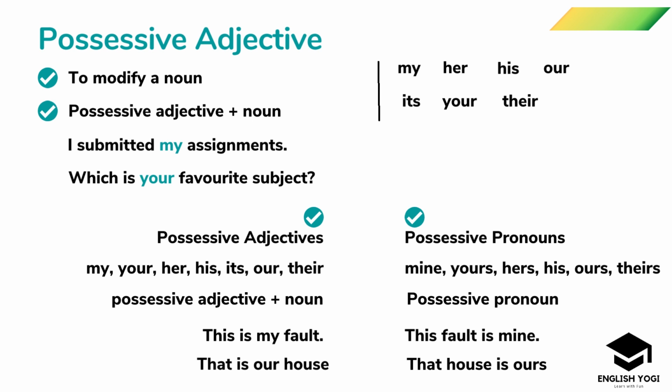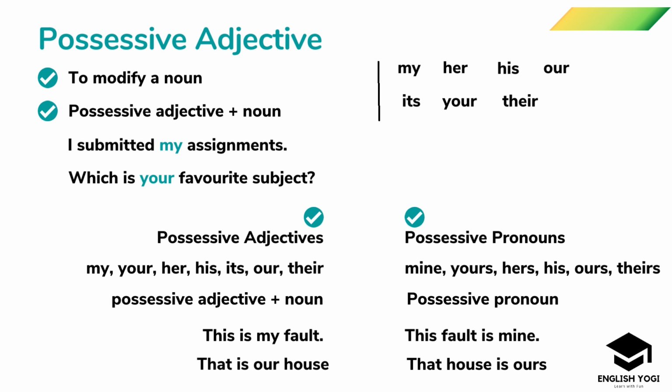They are mine, yours, hers, his, ours, and theirs. So "your" is a possessive adjective and "yours" is a possessive pronoun. "Her" is a possessive adjective and "hers" is a possessive pronoun. We can tally that structure: a possessive adjective takes a noun, and a possessive pronoun does not take anything.